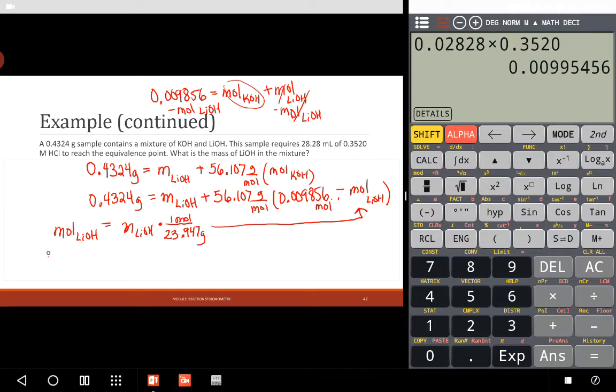And so we have 0.4324 grams is equal to my mass of lithium hydroxide. I'm going to leave off the units for now to make it look more like a straight up math problem.